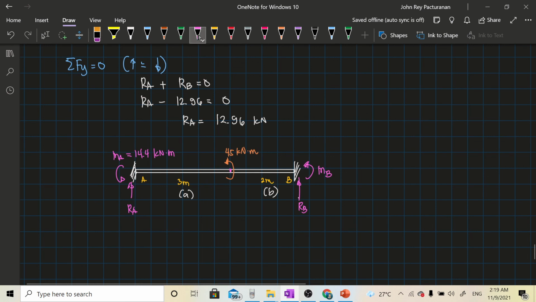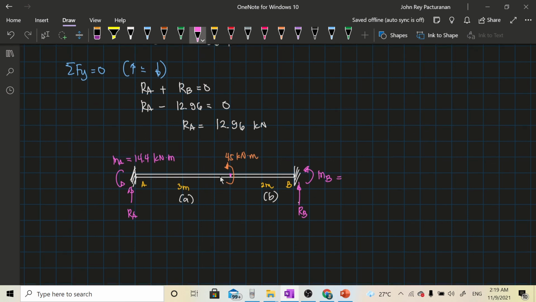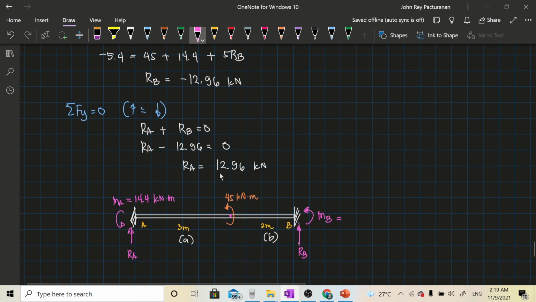So the moment at B will be equal to negative 5.4. Sorry. You need to remove the negative, no? So this will be 5.4 kilonewton meter.